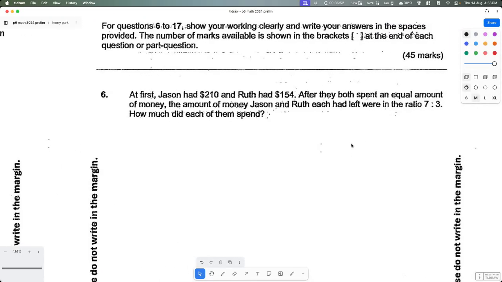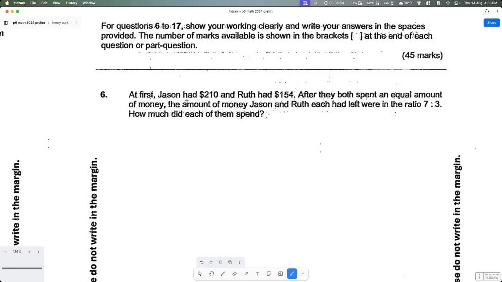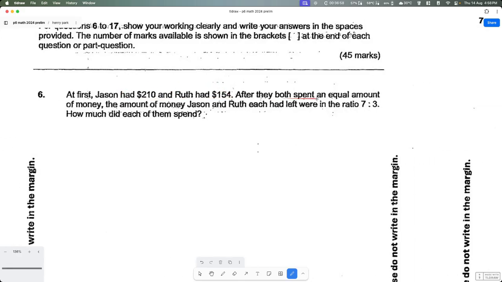Question number 6. At first, Jason had $210 and Ruth had $154. After they both spent an equal amount of money, the amounts of money Jason and Ruth each had left were in the ratio 7:3. How much did each of them spend?